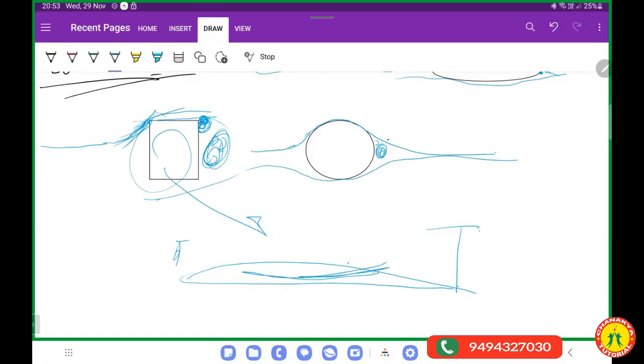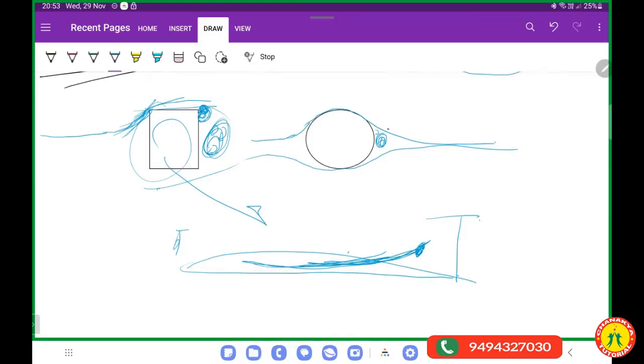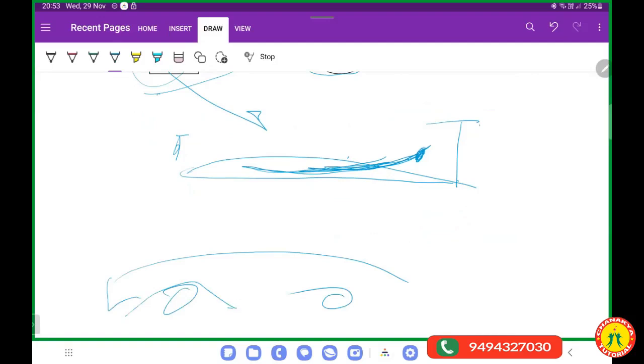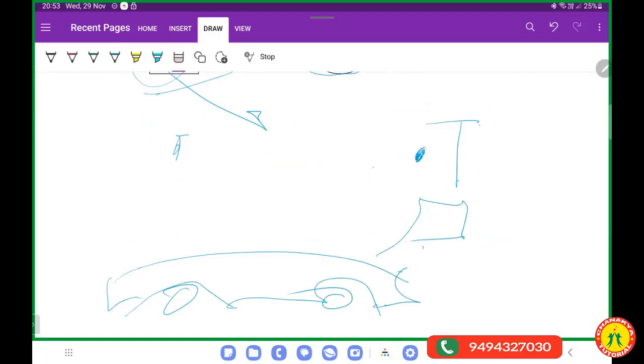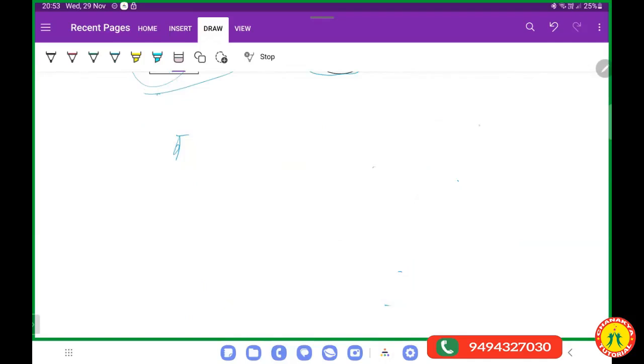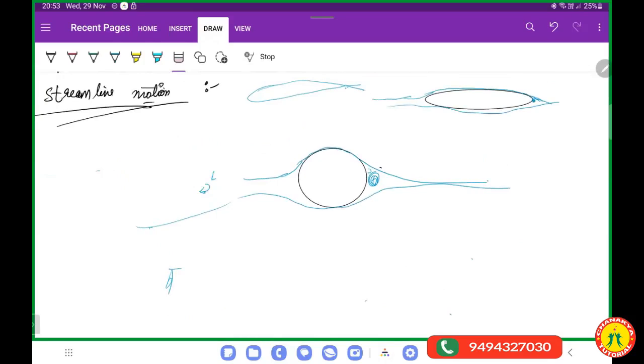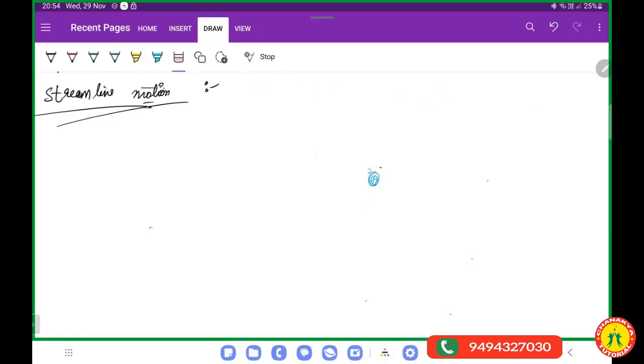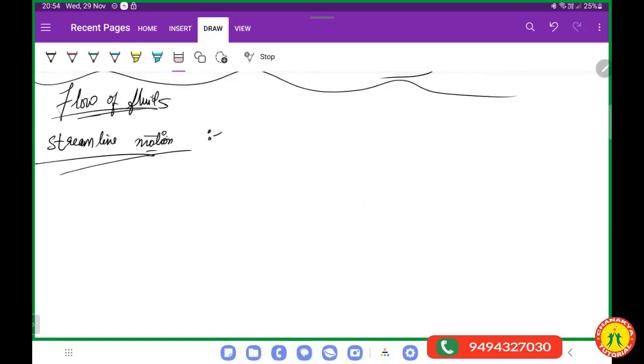So he will not sit like that, he will sit aligned like this, so his head will be intact. These are the reasons they make a streamlined body, so that the flow does not create a drag force and stays intact with the object throughout the motion.